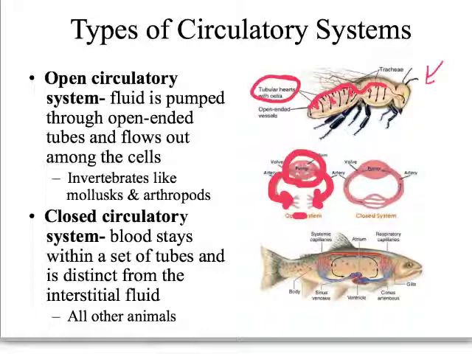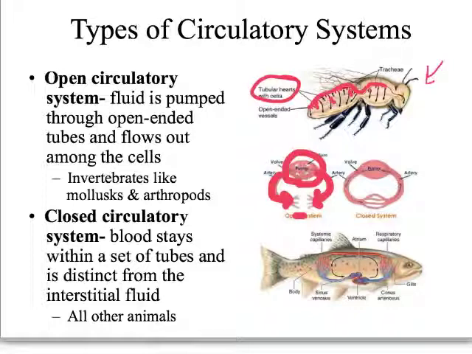And then eventually the blood, or the circulatory fluid, is going to make its way back to the heart-type pump and do it all over again. So it's basically like this pump that squirts out over all of the organs and then later gathers that to squirt it out again.